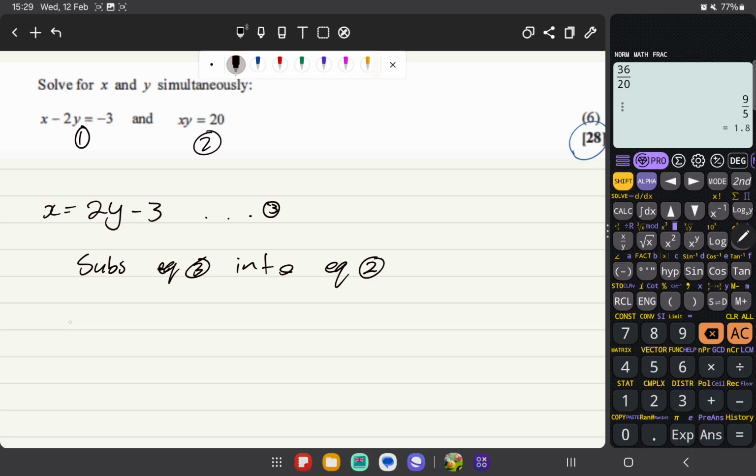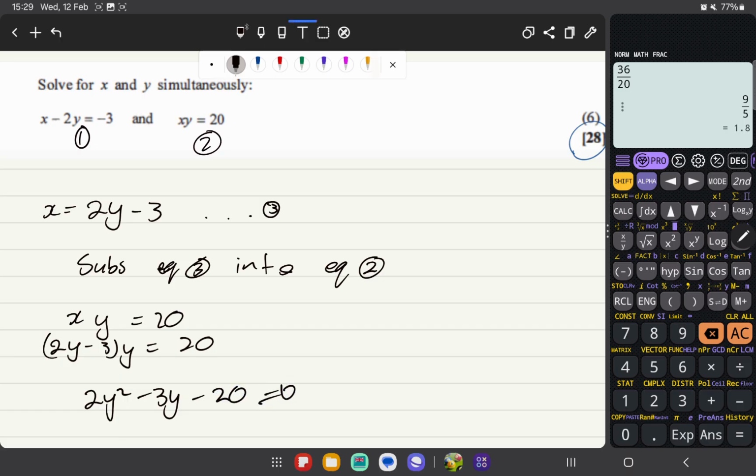So xy equals 20 means I have (2y minus 3)y equals 20. I have 2y squared minus 3y minus 20 equals 0.